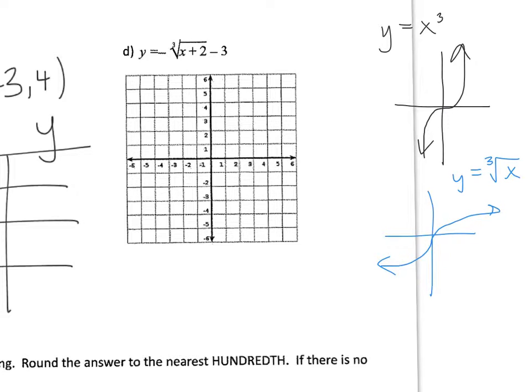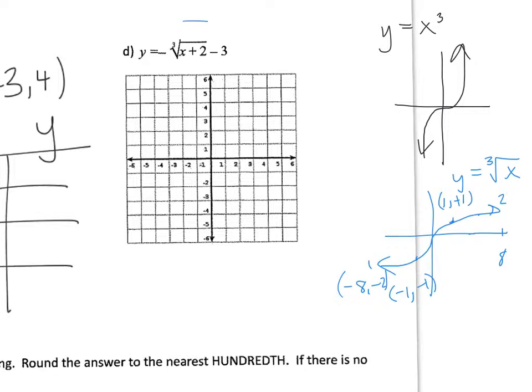That's your standard function. So it's crossing at (1, 1), and another point is going to be (-1, -1). It's also going to cross at (8, 2), and then (-8, -2), because the cube root of -8 is -2.